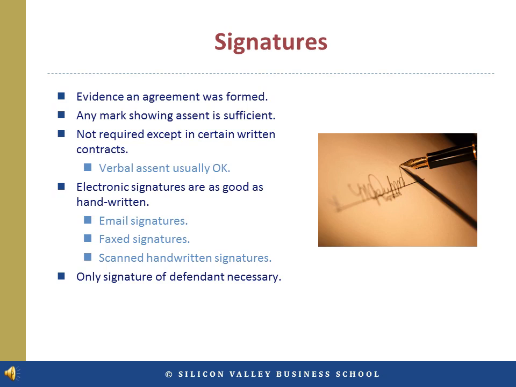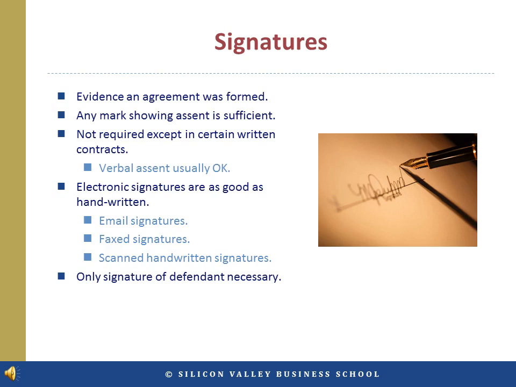The general intent of the E-SIGN Act is that a contract or signature may not be denied legal effect, validity, or enforceability solely because it's in electronic form. Electronic signatures and records are just as good as their paper equivalents, and therefore subject to the same legal scrutiny of authenticity that applies to paper documents.